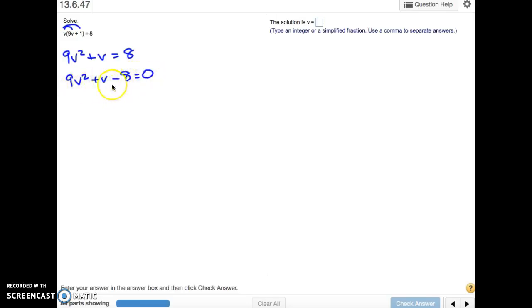So now I have to look at the t-chart. I need factors of negative 72 that are going to add up to 1. And so I'm going to use the 9 and negative 8. Or negative 8 and 9 that I got from the original problem.